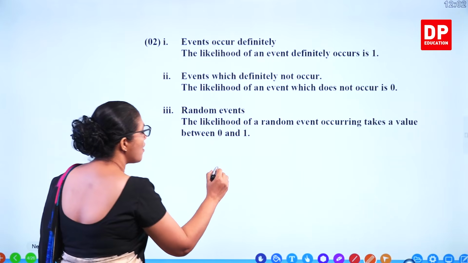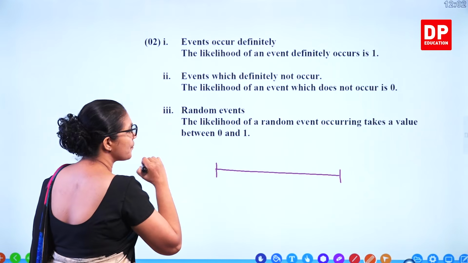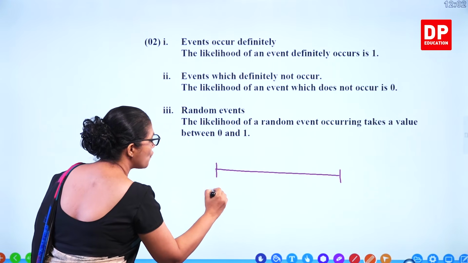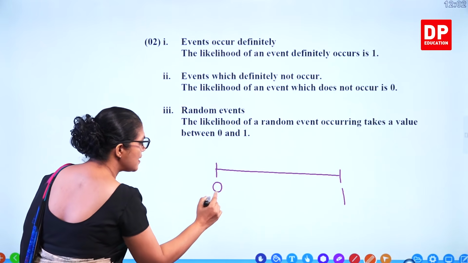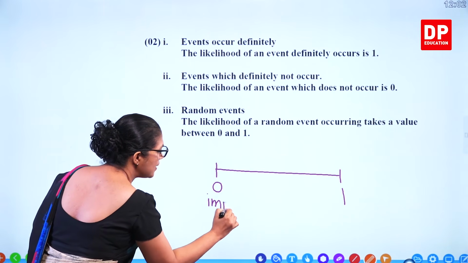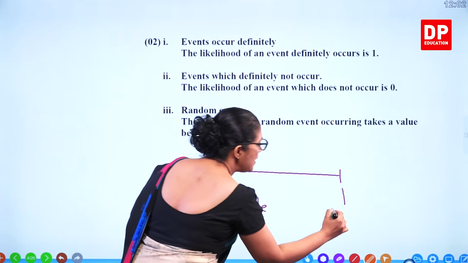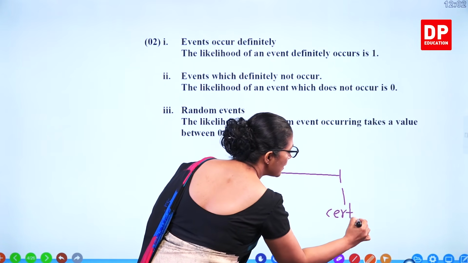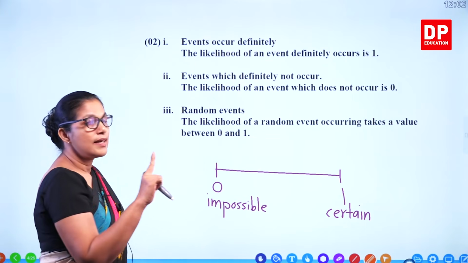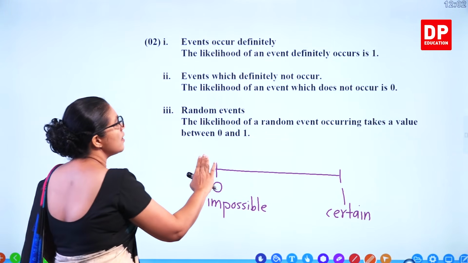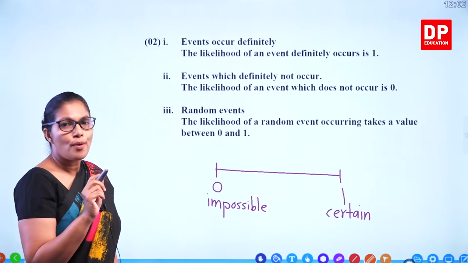When you are finding the chance of something happening, it can vary from 0 to 1. 0 means impossible to happen and 1 means certain to happen. For any random event, the chance is in between 0 and 1.